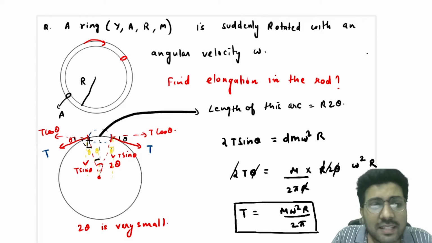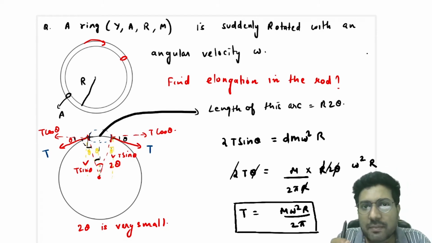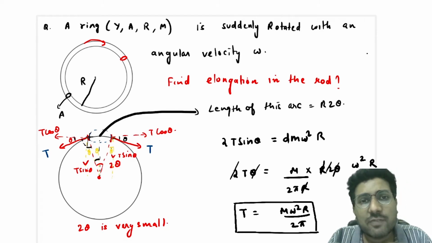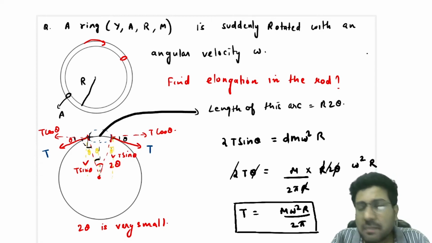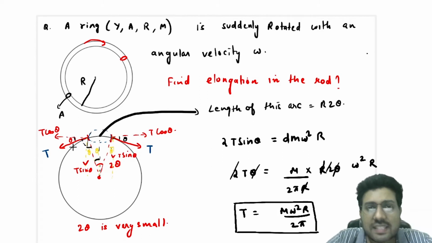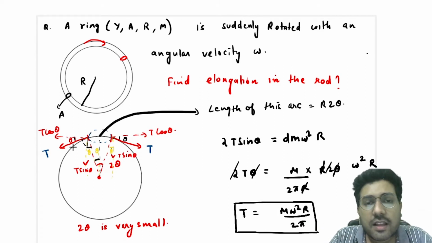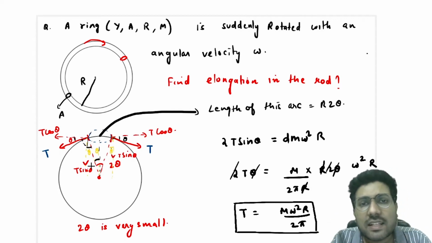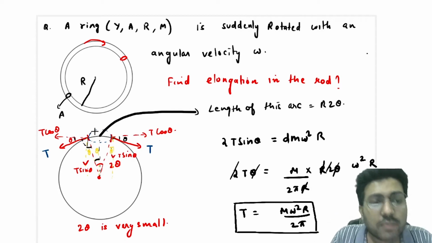Now this element is so small, I have drawn it big, but actually this element is very small. So if this element is very small, that means you can treat this force, that is 2T sin theta, towards the center. So if this 2T sin theta is towards the center, that means this 2T sin theta force is responsible for the circular motion of the element.